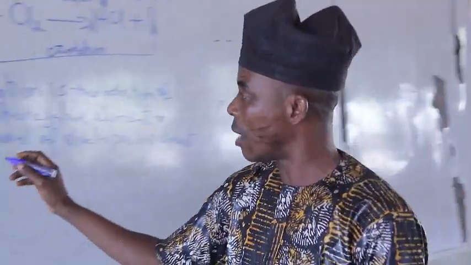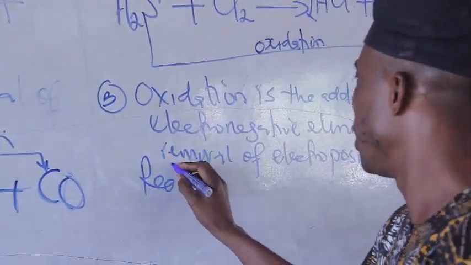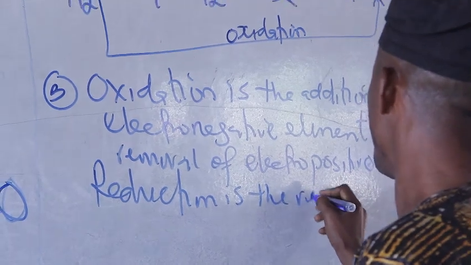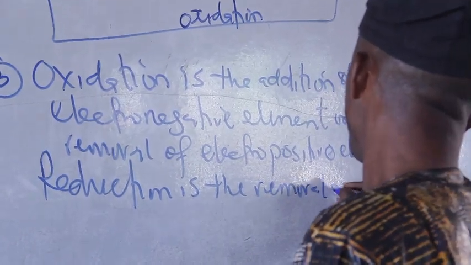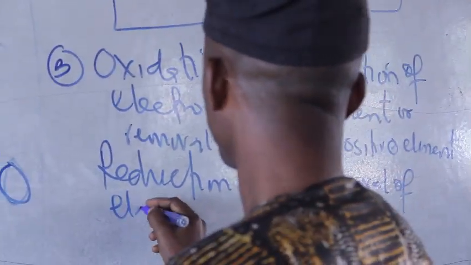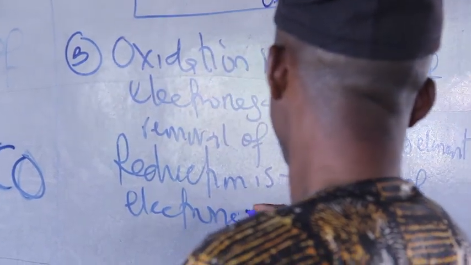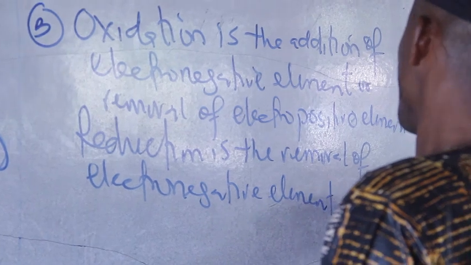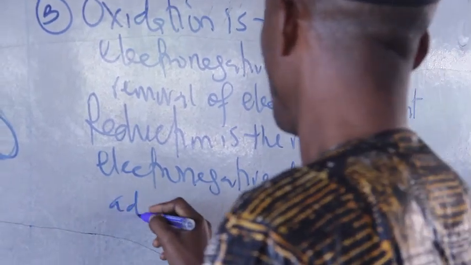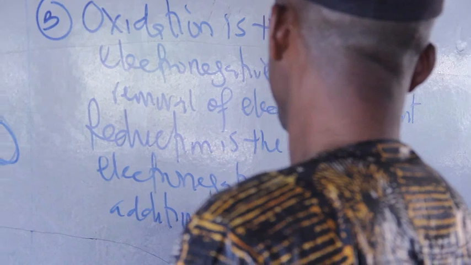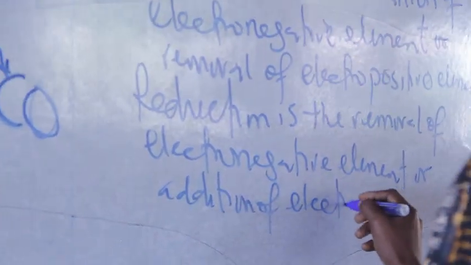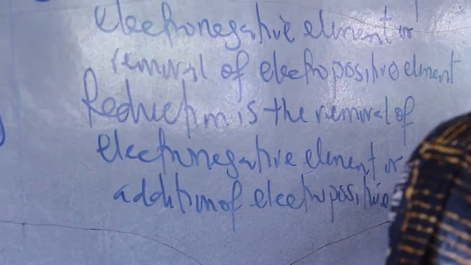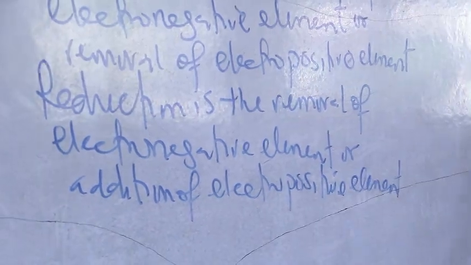In that case, we can now define reduction. Reduction now is the removal of electronegative element or addition of electropositive elements.